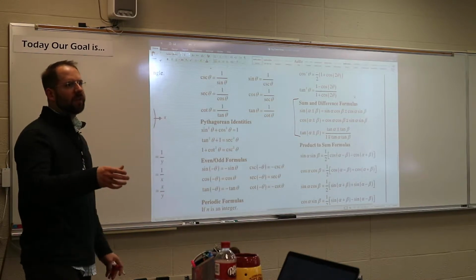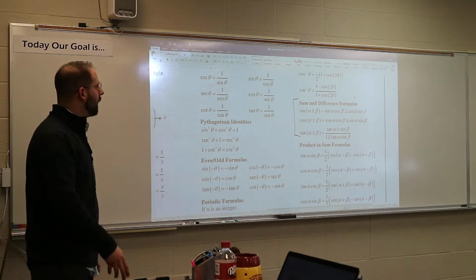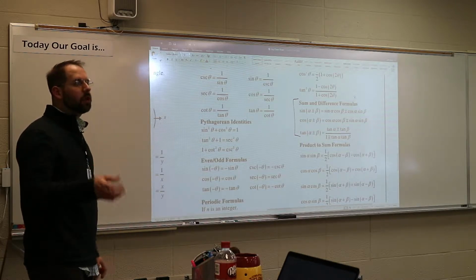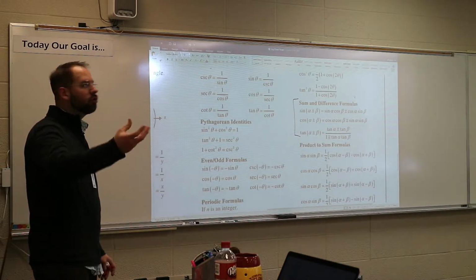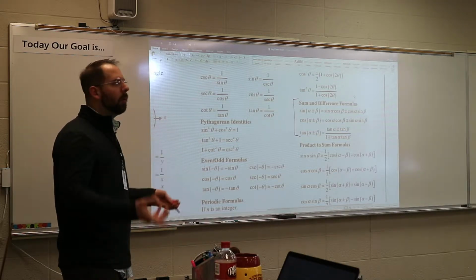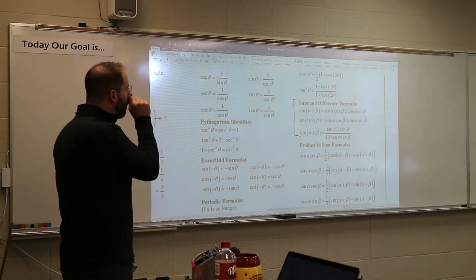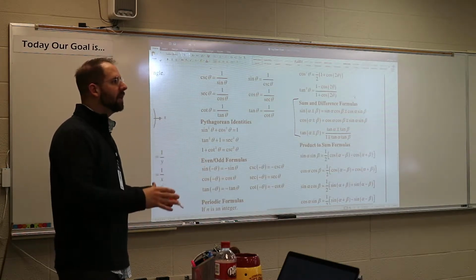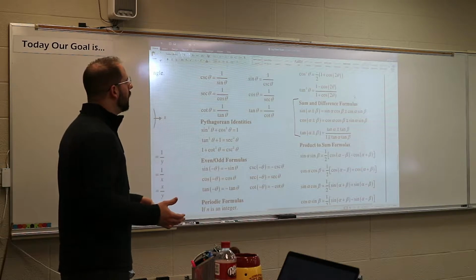I introduced what these were on Monday, how to use them if you want to find weird, obscure angles. The goal today is to do another example of that, have you try out one or two, and then show you the other realm of what we can use it for. Because some people are like, okay, we can find random weird angles, but you can also simplify problems down that look more complicated than they are.